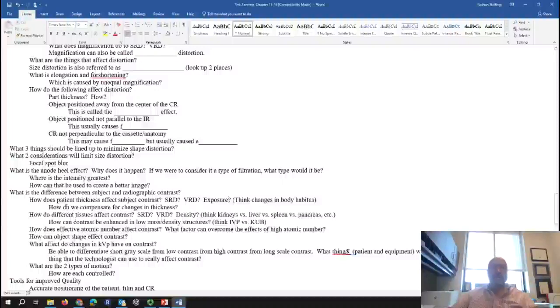Exposure does go down. How do we compensate for that? Again, a lot of redundancy. I've got to go back through this again. How do different tissues affect contrast? Soft tissue, we're going to potentially lose some visibility. We will lose some exposure in tissues with higher effective atomic numbers and density.